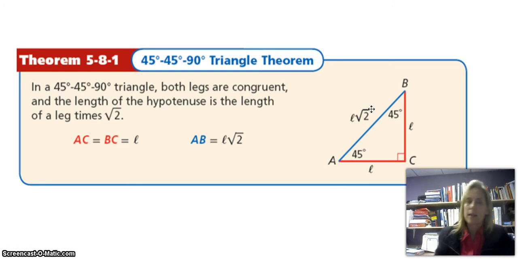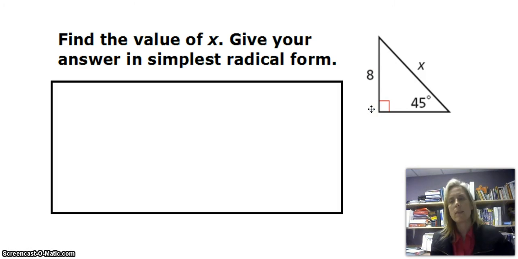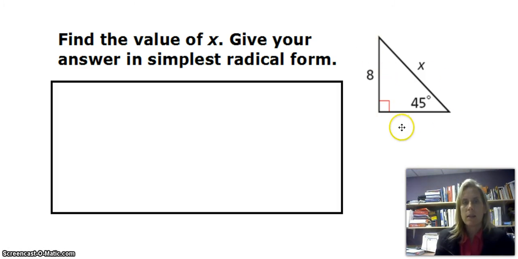So I like to think of it as we have two sides that are congruent in this type of triangle, and so we're multiplying the leg by square root of 2. L square root of 2. Okay? So let's see how we use this in this example.